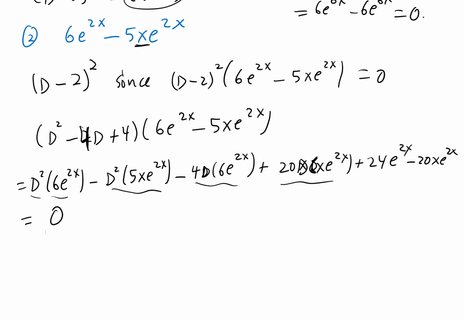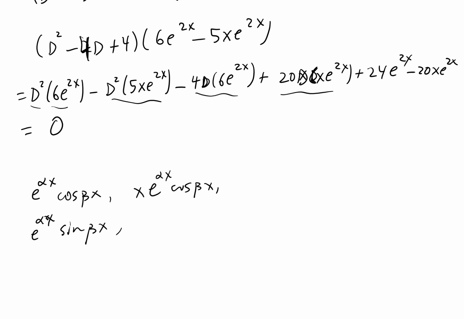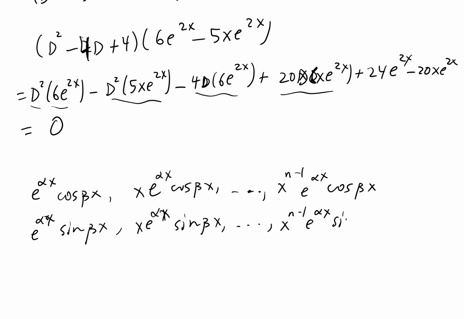You will get 0. If we work with the combination of exponential functions, say e alpha x cosine beta x, or e alpha x sine beta x, or a combination, we have repetition: x e alpha x cosine beta x, x e alpha x sine beta x, all the way to x to the n minus 1 e alpha x cosine beta x, x to the n minus 1 e alpha x sine beta x.